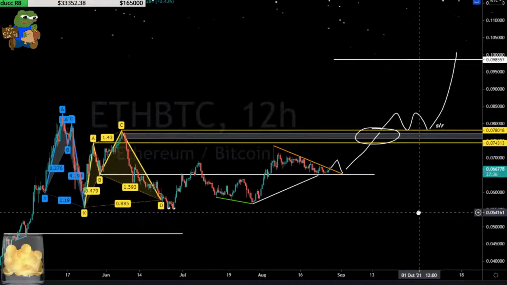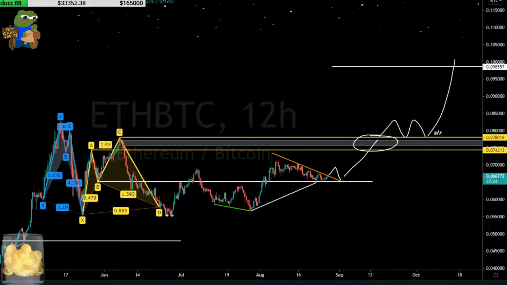So that's kind of how we would see ETH completely destroying the market, right? Just full send, all right, at that point. All right, moving along.